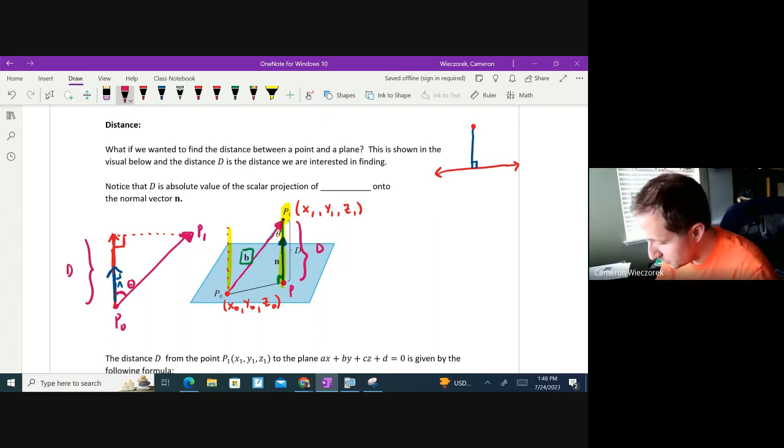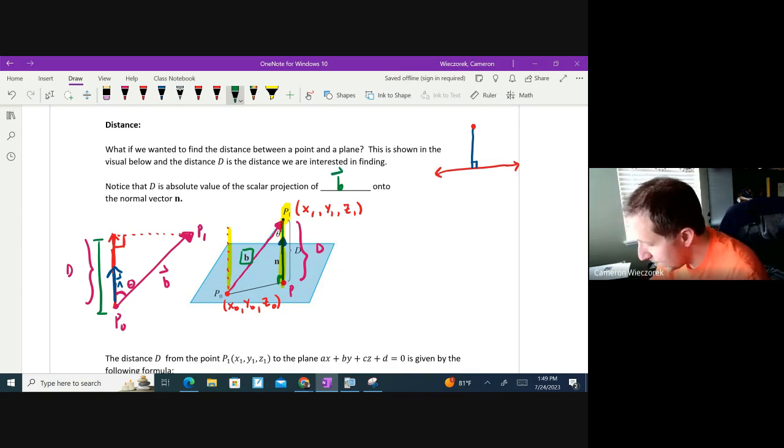And so this vector P naught P1, there's B. We want to measure D. And so what we're going to do is project vector B onto the normal vector. And what that's going to do is give us this length, D. Okay? It's going to end up giving us the scalar projection of B onto N.